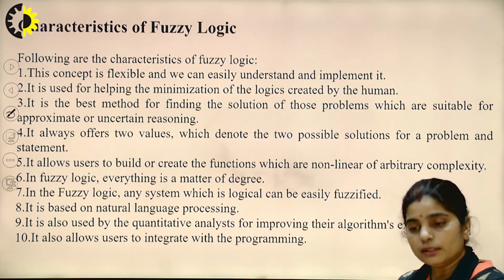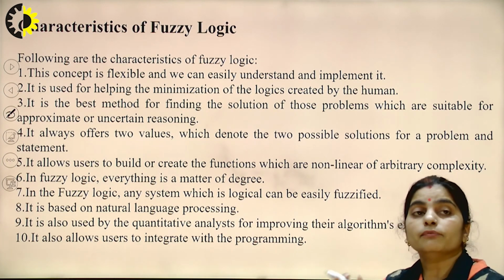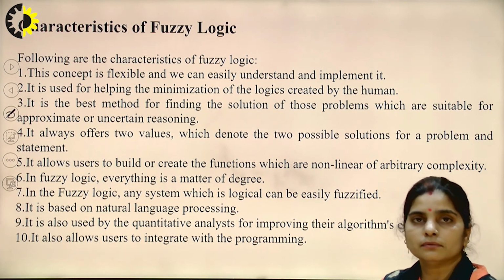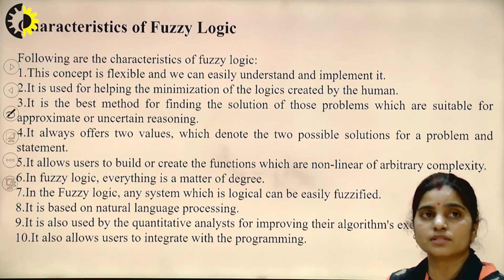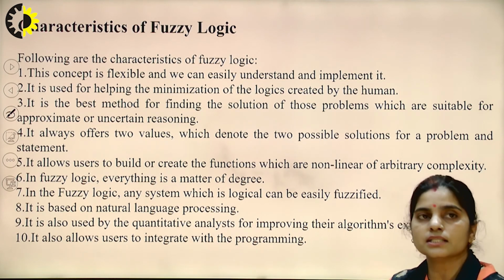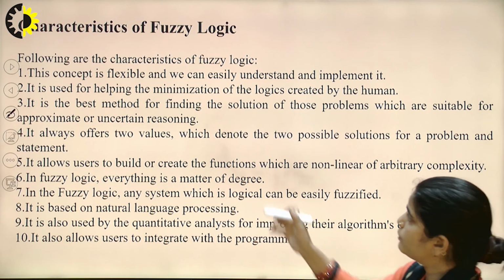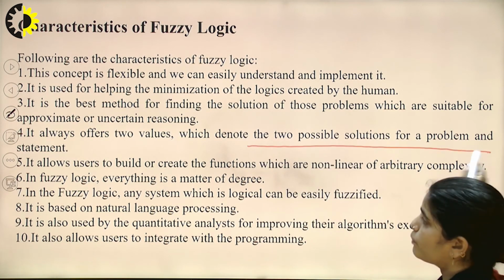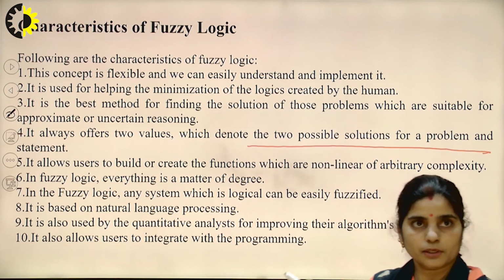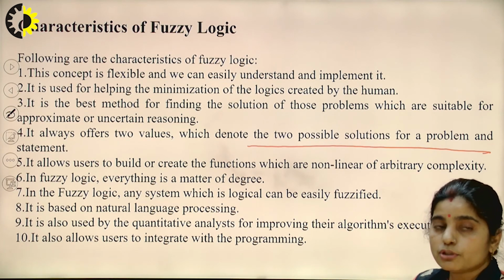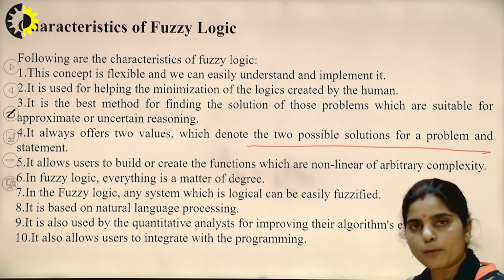Means for uncertainty, fuzzy logic is the best method for those problems which contain uncertainty. It also offers two values which denote the two possible solutions for a problem and a statement.